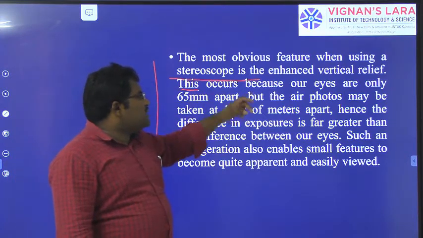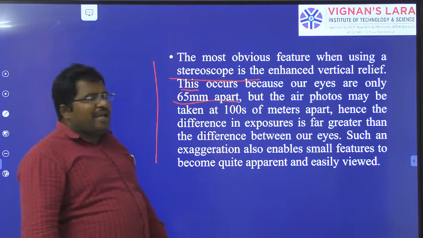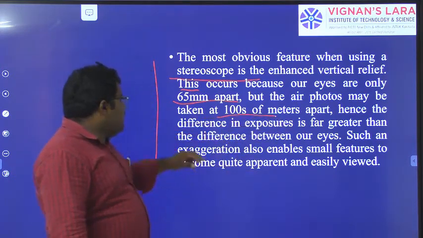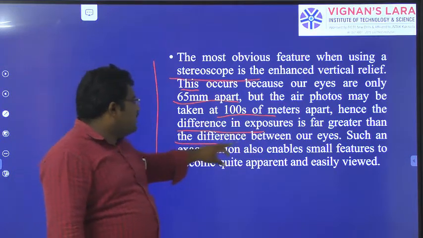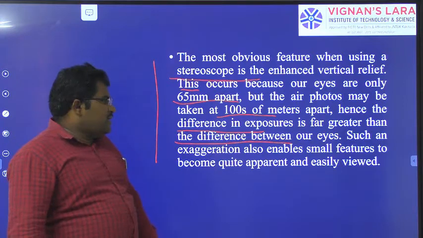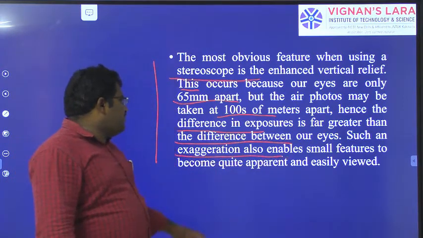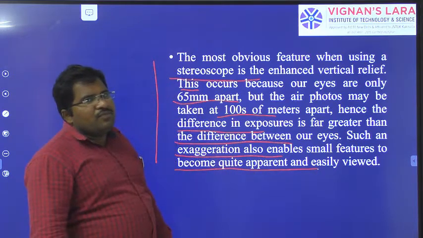This occurs because our eyes are only 65 mm apart, but the air photos may be taken hundreds of meters apart. Hence, the difference in exposures is far greater than the difference between our eyes, right? Such an exaggeration also enables small features to become quite apparent and easily viewed from the photograph.